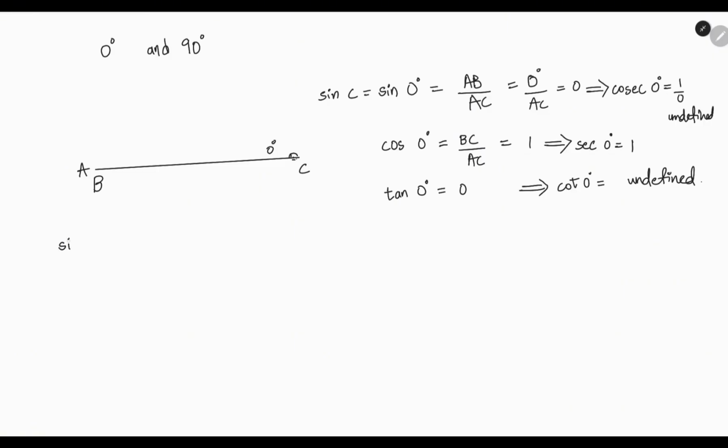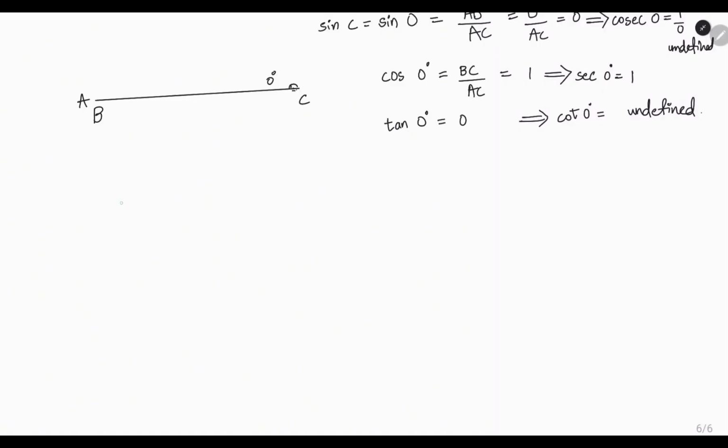So now in the triangle ABC, we have assumed angle C is 0, right? So what is the other angle? Angle A becomes 90 degrees. Theoretically it becomes 90 degrees because sum of angles is still 180, right? B is already a right angle, and now A is also 90 degrees. Theoretically we cannot draw it in real time.